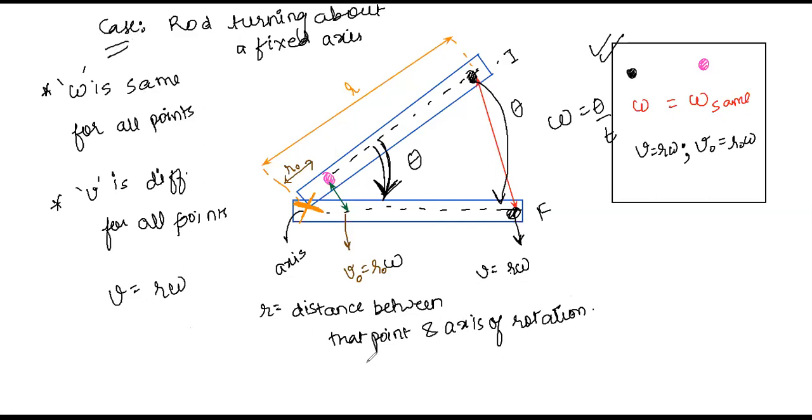Have you written it down, everyone? If yes, raise your hand. Omega is same for all the points on the rod, whereas V is different, right?